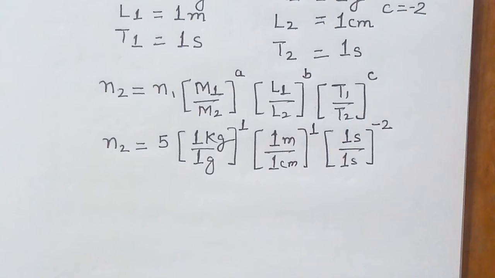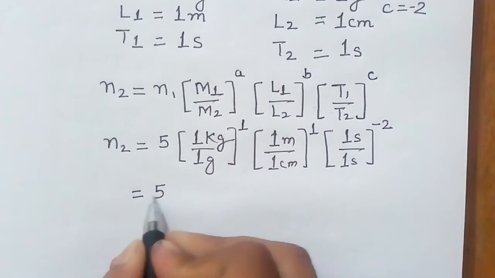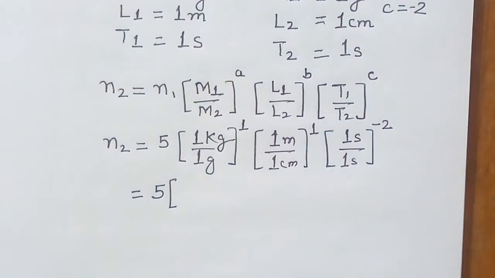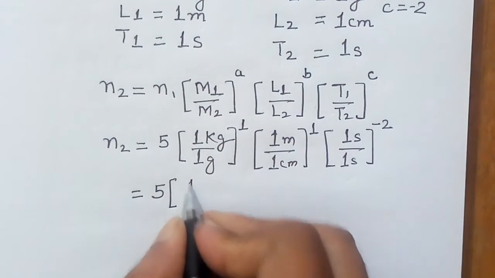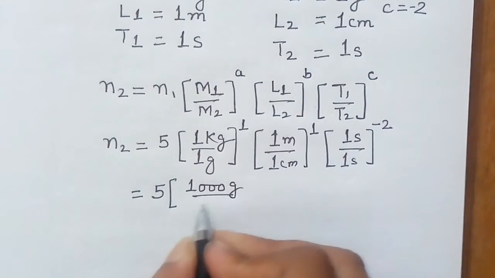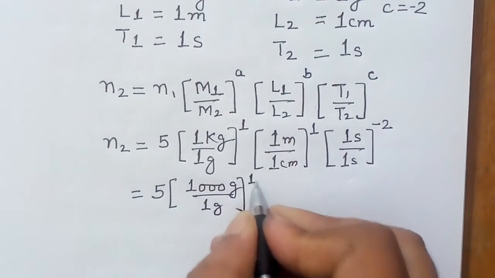Clear? In the next step, we have to change the bigger units into the smaller ones. So 5 as it is, this kg is a bigger unit as compared to gram, so I am changing kg to gram. So that becomes 1000 gram divided by 1 gram to the power 1.